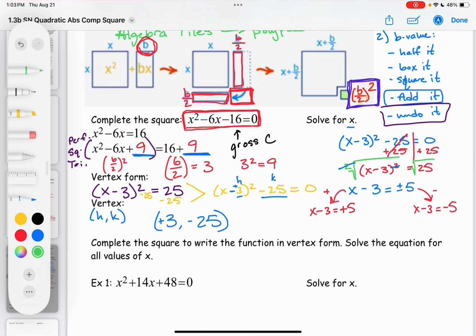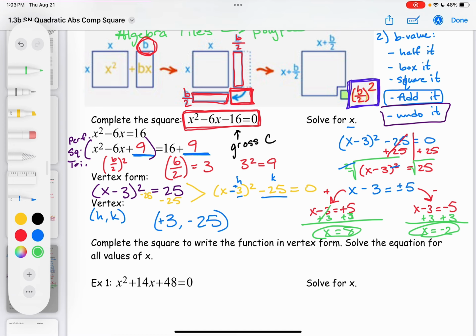And I'm going to solve both of those by adding 3 to both sides. And so my final answers for x are 8 and negative 2. 8 and negative 2 are my two possible x answers.